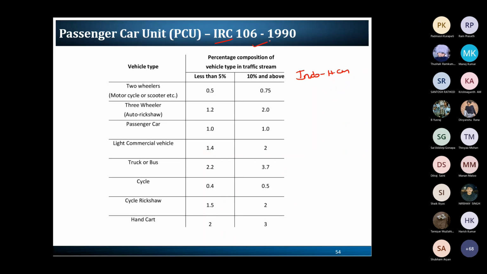As per the IRC, two-wheeler is considered as 0.5, three-wheeler is 1.2, passenger car is 1, LCV 1.4, truck or bus is 2.2, cycle 0.4, cycle rickshaw 1.5, bullock carts and hand carts are considered as 2. This is with respect to less than 5 percent.